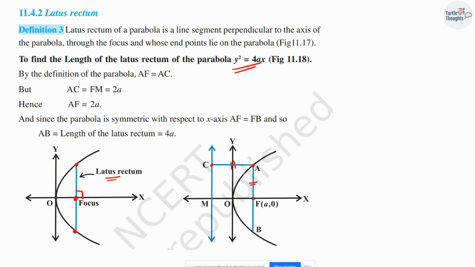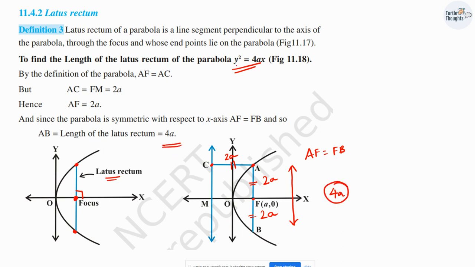Since this distance is taken as 2a, this is 2a and this is also 2a because they are the same. Now, if this is 2a, I know that AF should be equal to FB. Even this is going to be equal to 2a. The length of the latus rectum is now going to be 2a plus 2a, which is 4a.